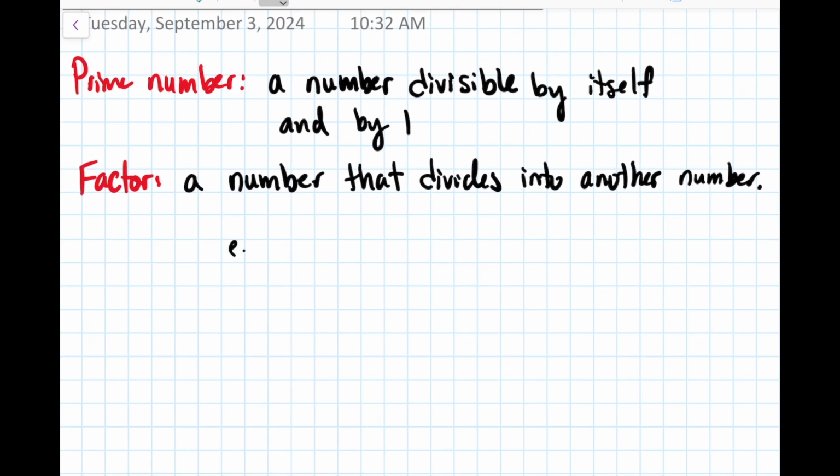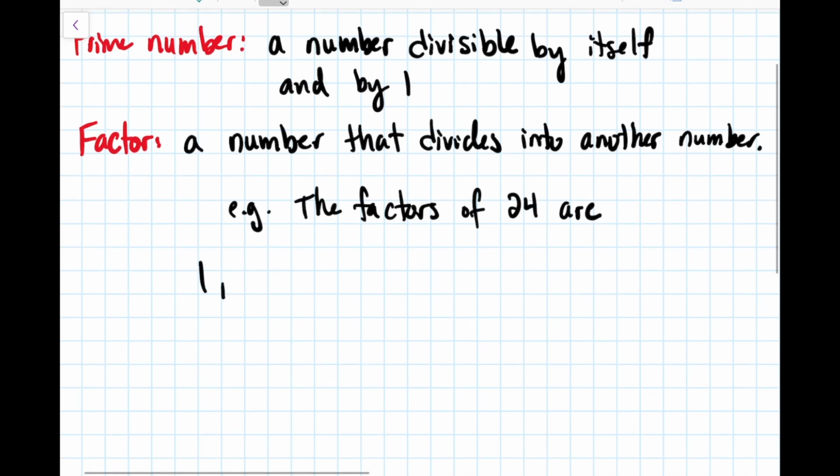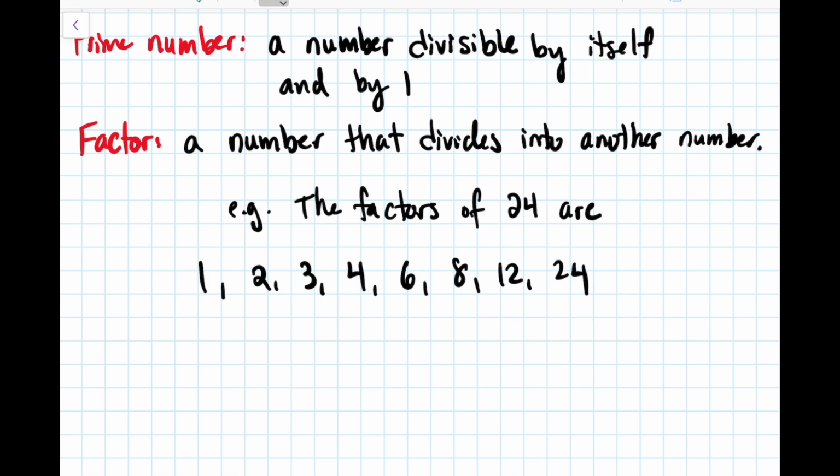So just as a quick example, the factors of, let's say, 24 are 1, 2, 3, 4, 6, 8, 12, and 24, because these are all the things that you can divide 24 by cleanly.